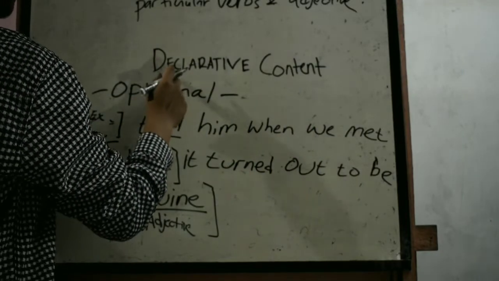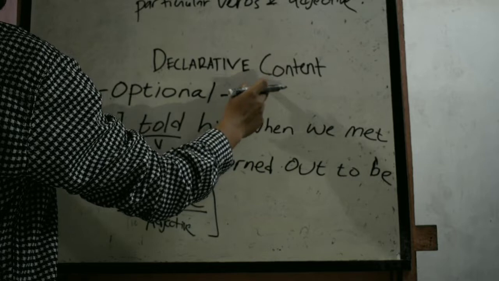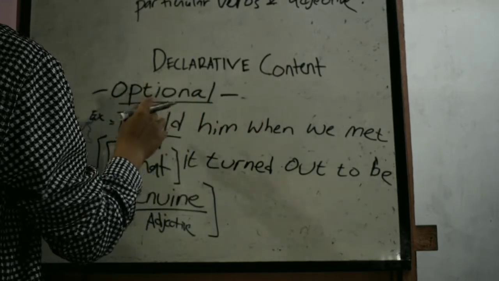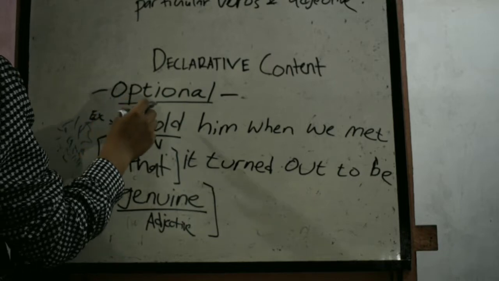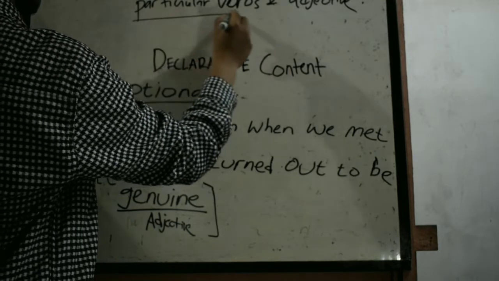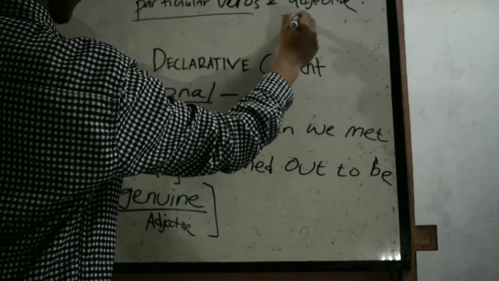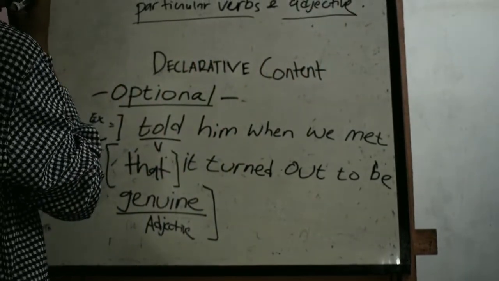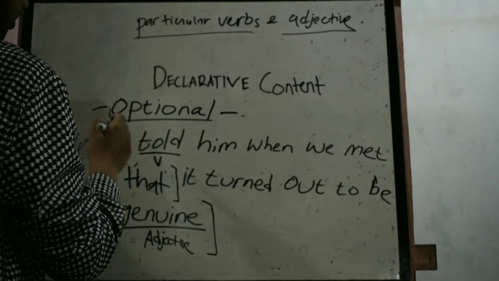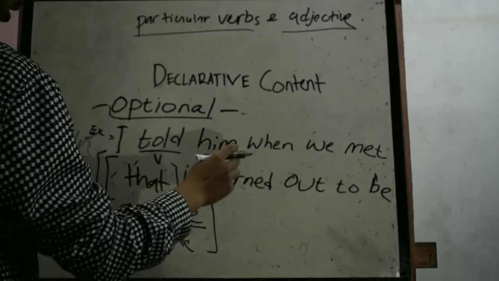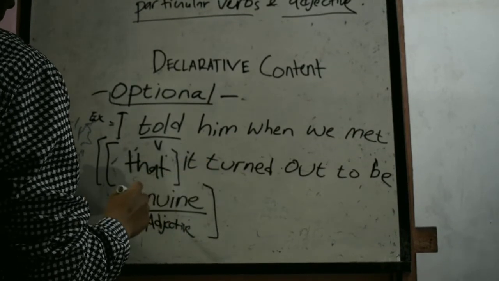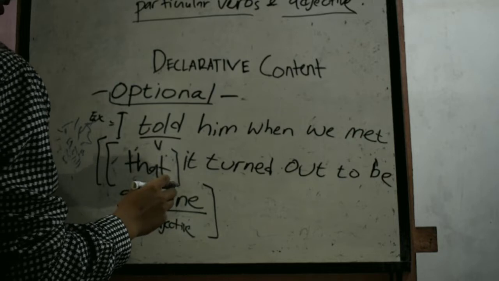The next material from declarative content is optional. We can say optional if we have particular verbs and adjectives. We can identify them as optional. Like this: I told him when we meet that it turned out to be genuine.